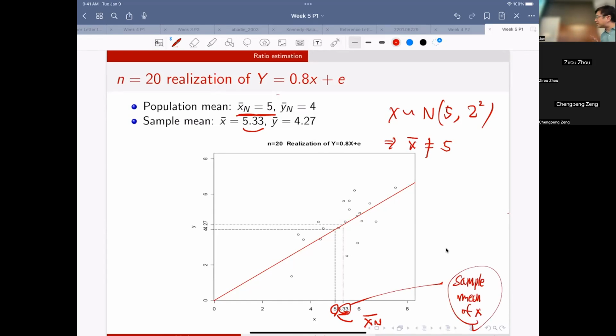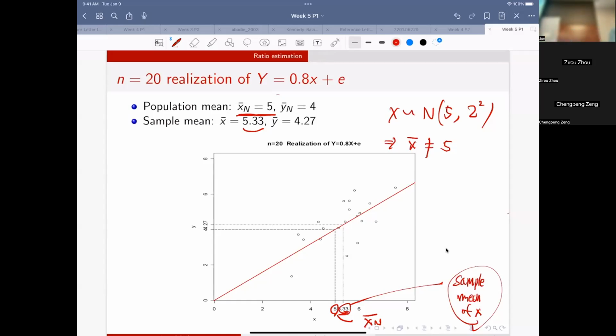What does the difference tell you? That means the random selection happened to select samples with higher values of X than the population mean.